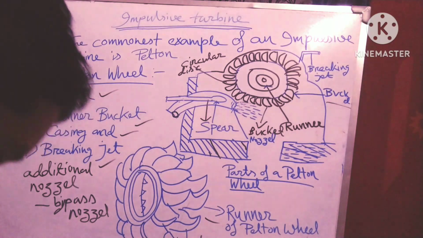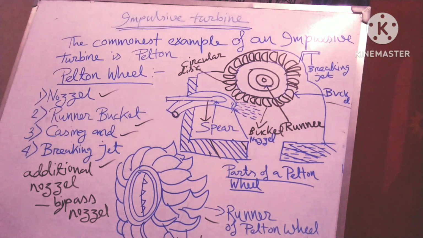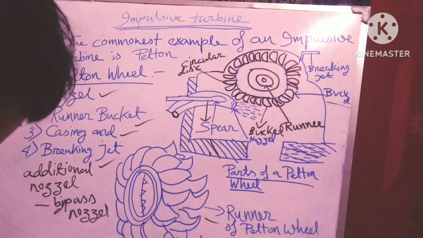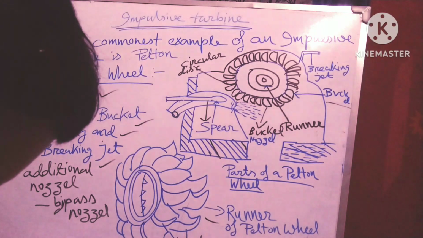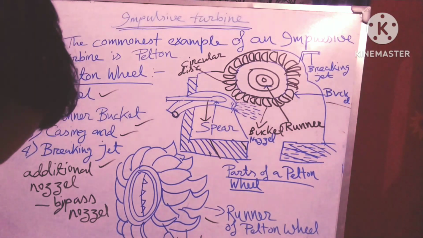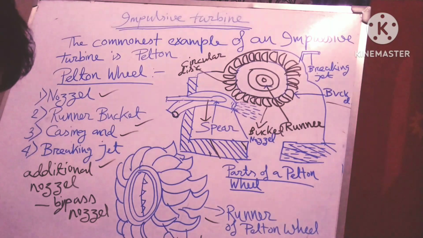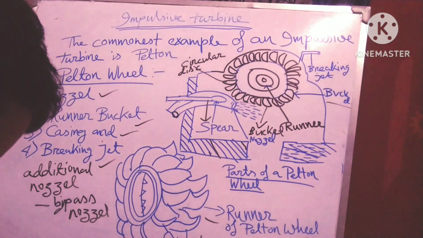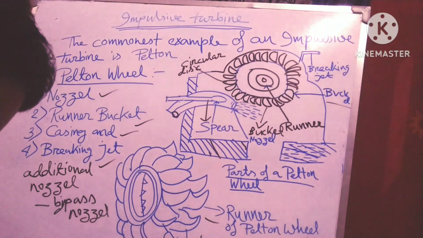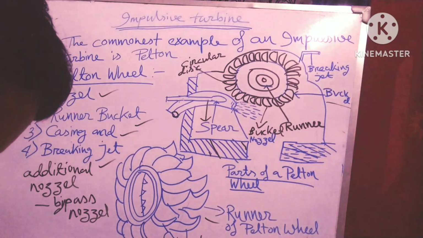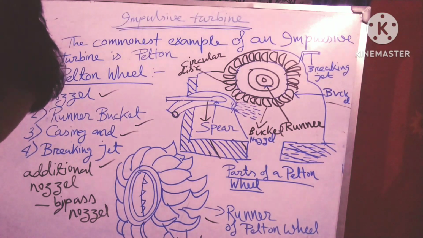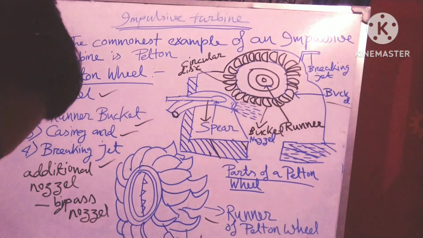The surface of the buckets is made very smooth. For low heads, the buckets are made of cast iron, but for high heads, the buckets are made of bronze, stainless steel, or other alloys. When the water is chemically impure, the buckets are made of special alloys.